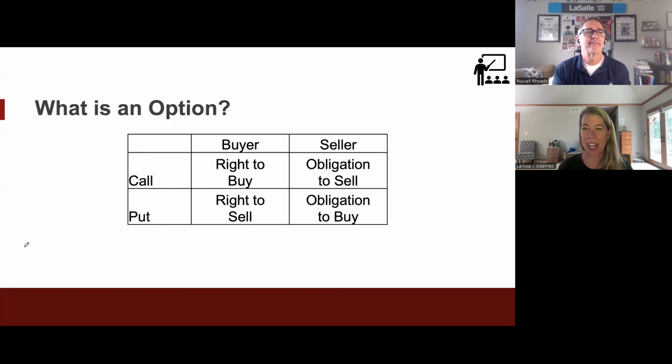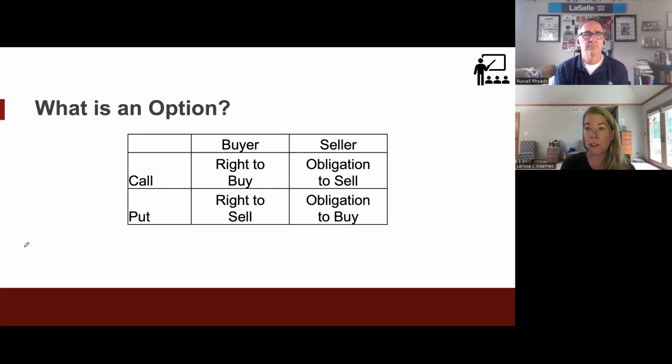Okay. So we have two different kinds of options. It's very binary. It's either a call or a put. Our call gives us the right to buy. Our put gives us the right to sell. What I like about this slide is it really focuses on when you are the seller. Remember, when you're selling short, because when you write the option, you're not necessarily selling something that you own, you are writing a new contract.